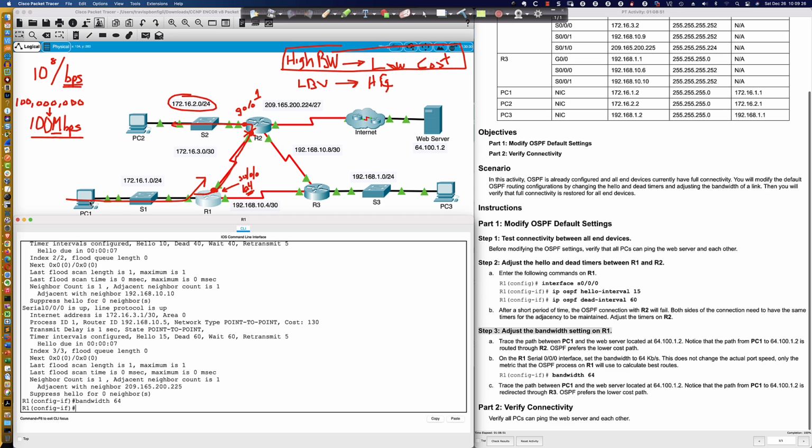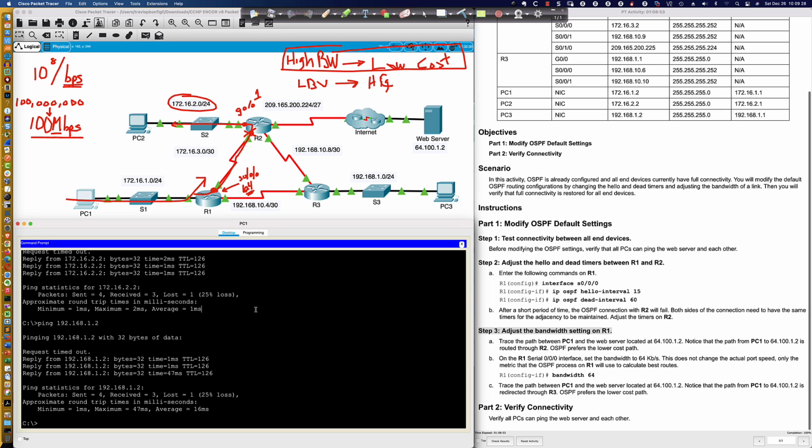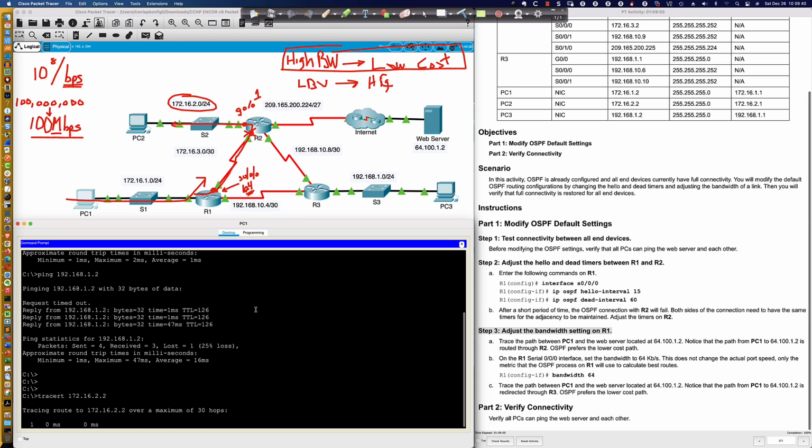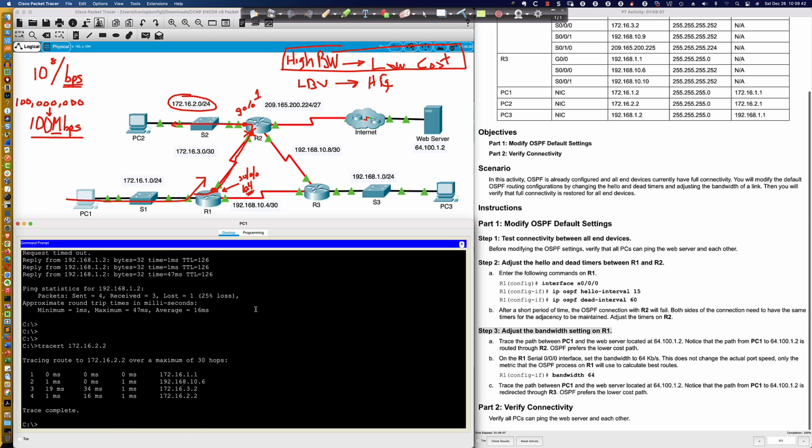Because now we're saying that PC1, let's pull PC1 up and let's trace out to 172.16.3.2, PC2. And let's see how we get there. So I go to 172.16.11, that's my default gateway, and then I go to 192.168.10.6. So this had the desired effect.